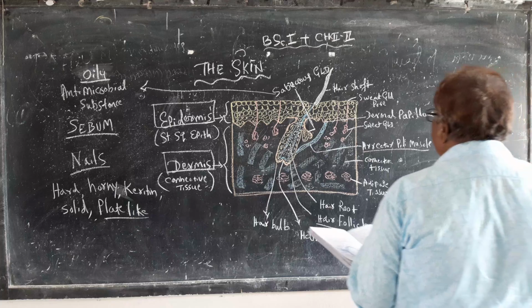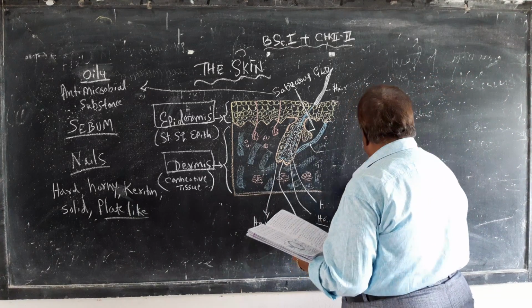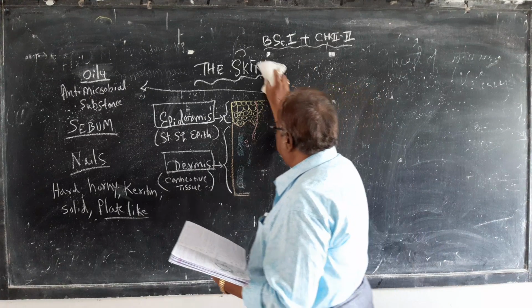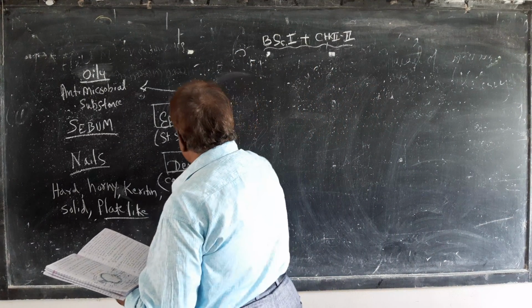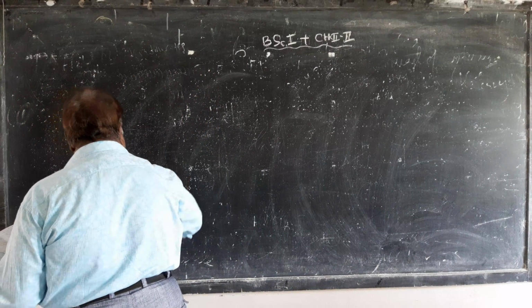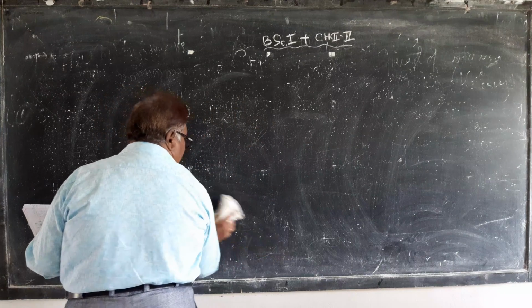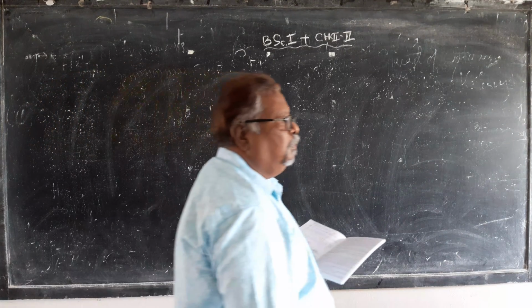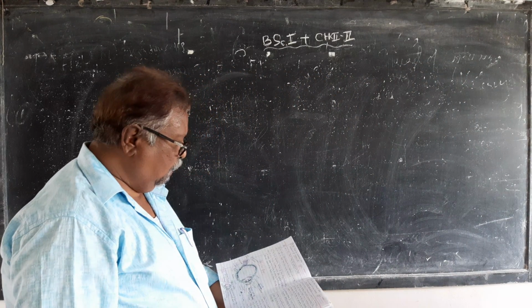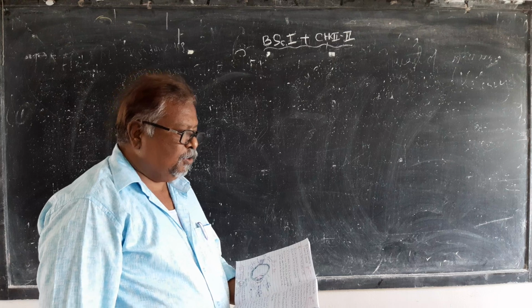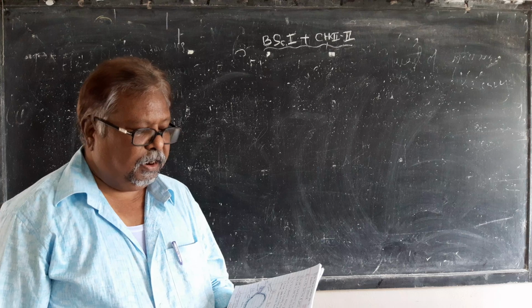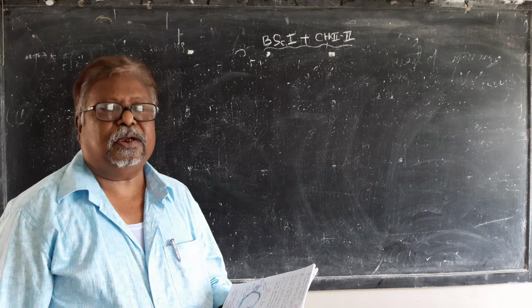Eyes are meant for sight, and they are very important sensory organs which recognize the light or the images of the objects. The eye is the organ of sight. It is situated in a bony socket of the skull, the orbital cavity.